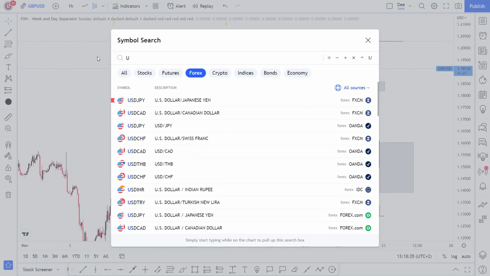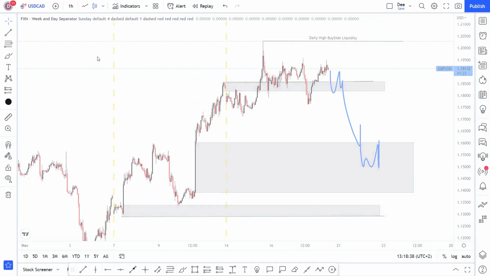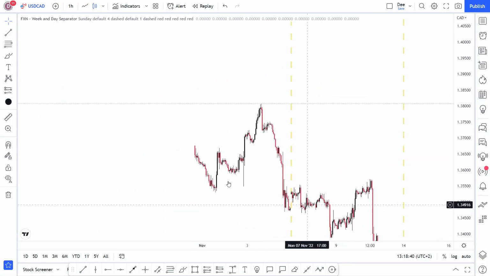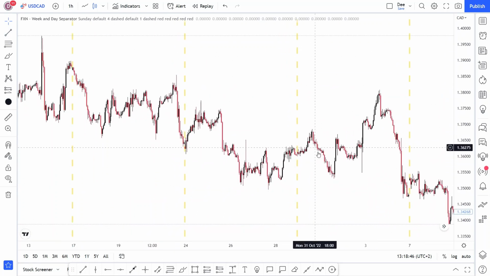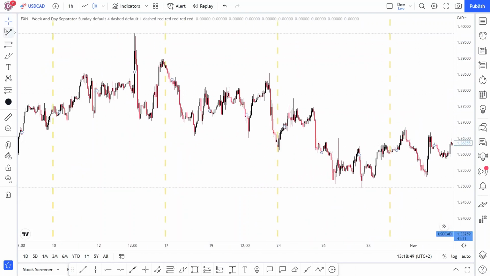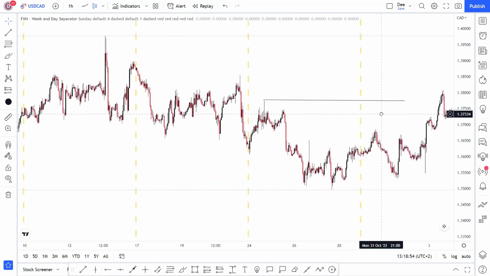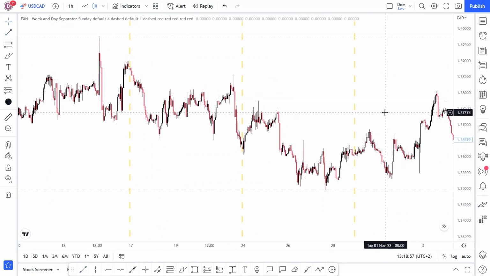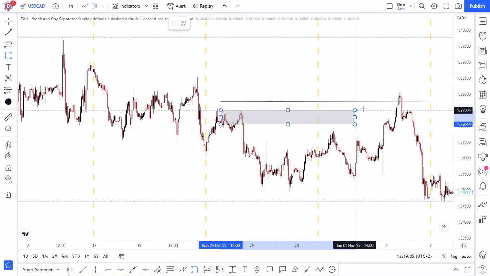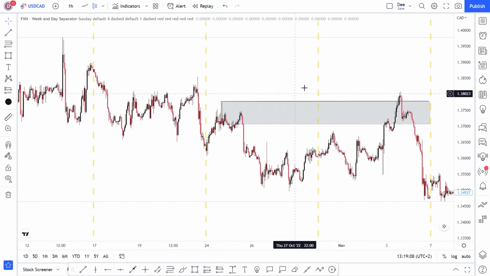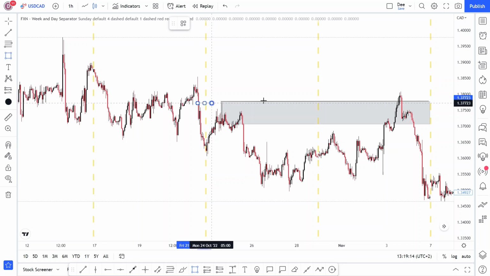Let's see USD CAD. USD CAD, we're gonna be trading this week, right? So we mark up the previous weekly highs and low. So this was the high of the previous week. You track it throughout time. This was the zone, which was the resistance or the supply zone, and we had a fair value gap here.